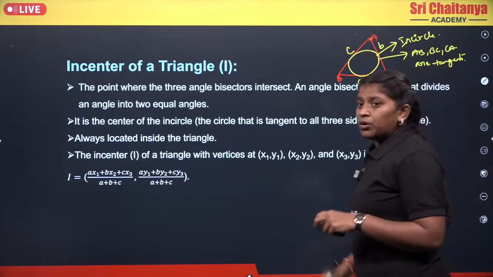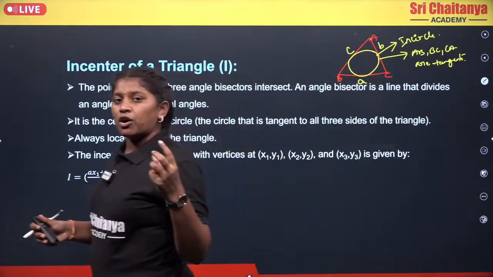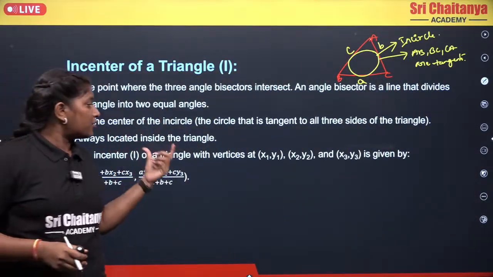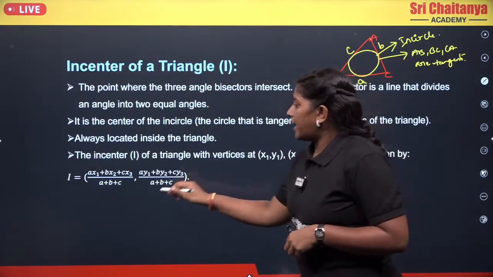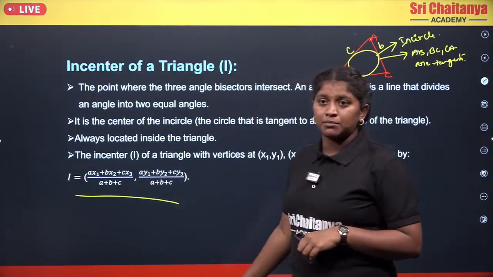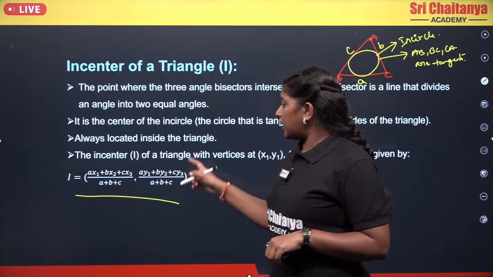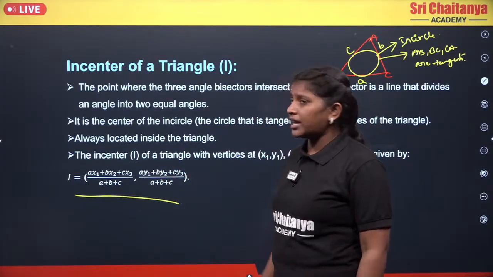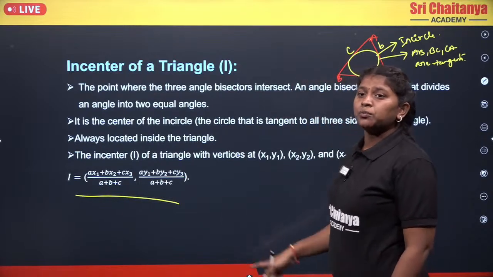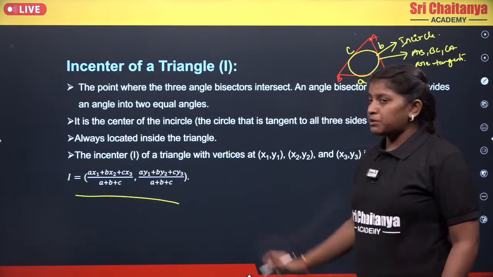Understood? Now we have our small a, small b and small c values, and we find the coordinates of the incenter with the help of (a x1 + b x2 + c x3) / (a + b + c). And for the y coordinate, we use (a y1 + b y2 + c y3) / (a + b + c).